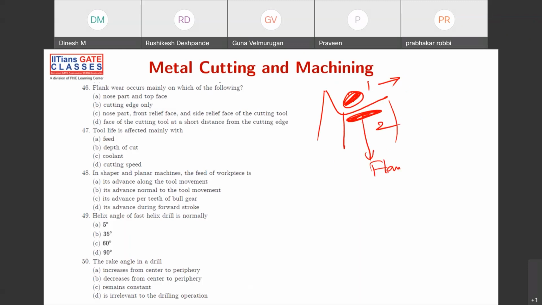So obviously it is happening on the face of the cutting tool, and it is a little away from the crater, I know, but the flank I'm not sure. So answer can be B or D. Okay, let me check this. I'm not sure whether it is away or not. I'm sorry for that. Let me check that. But I think it should be away, but there's a possibility of answer B. But let me check that. But it is on the cutting edge only.